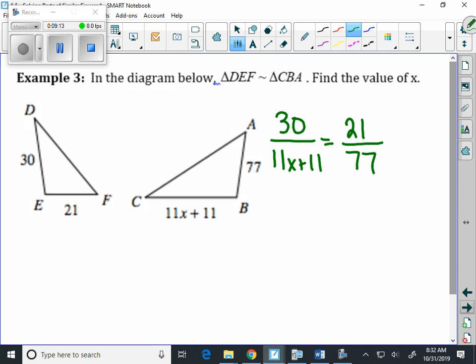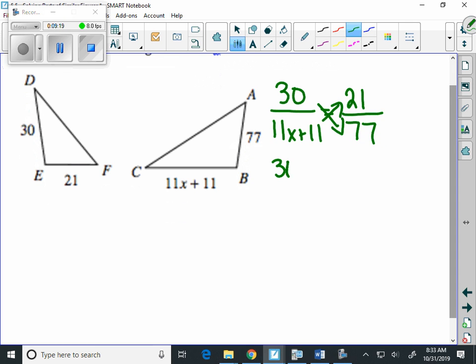And we're good at solving equations, and that's the good news, because when we cross multiply this, we end up with 30 times 77 equals 11x plus 11 times 21. And I usually like to write my 21 in front of that parentheses, but it doesn't make any difference.